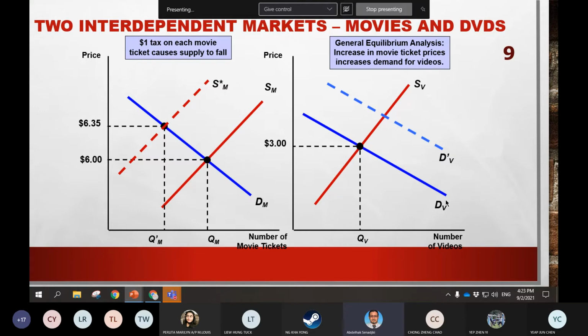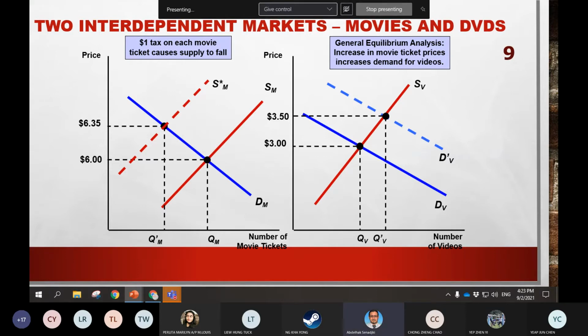Therefore, the demand for videos or DVDs will increase from DV to DV prime, from here to here. So what happened here now? The quantity of DVDs rented will increase from QV to Q prime V, and the price will increase from 3 to 3.5.